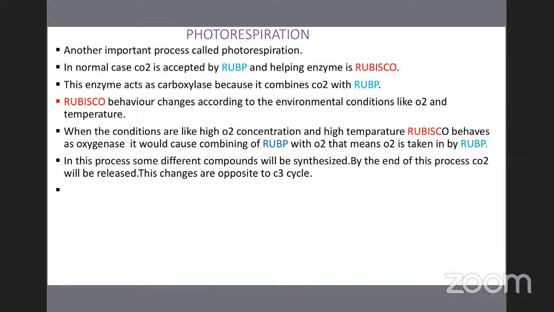When it acts as a carboxylase, it helps in combining CO2 with RUBP. So for photorespiration, the Rubisco enzyme is important. That is what we are understanding here.